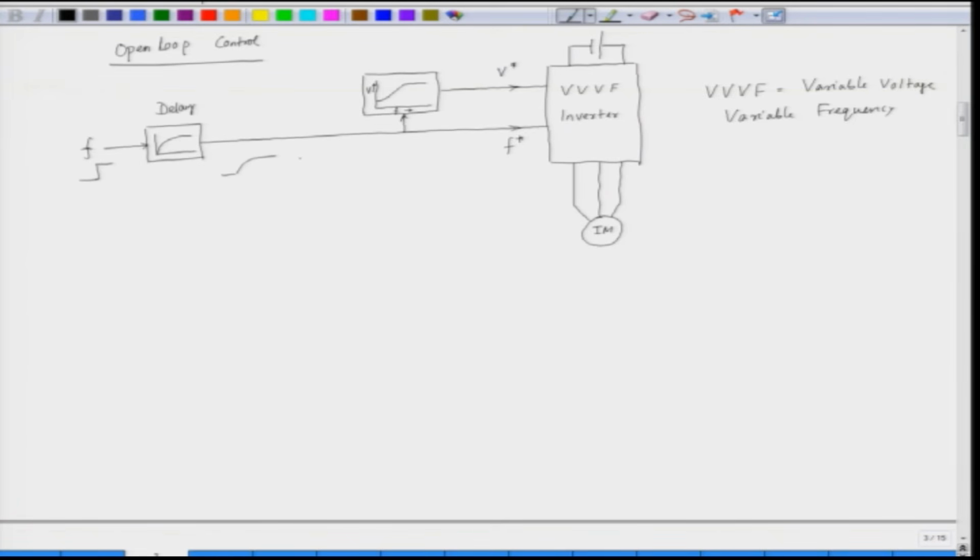So, this will allow the machine inertia to respond, and as we are varying the frequency, this is our frequency command here, the voltage is also changed in accordance with this relationship. So, we maintain V by f constant in this case, excepting for the low speed or the low frequency region where we increase V by f to account for the stator resistance drop. Now, this will ensure that the torque of the motor is constant.